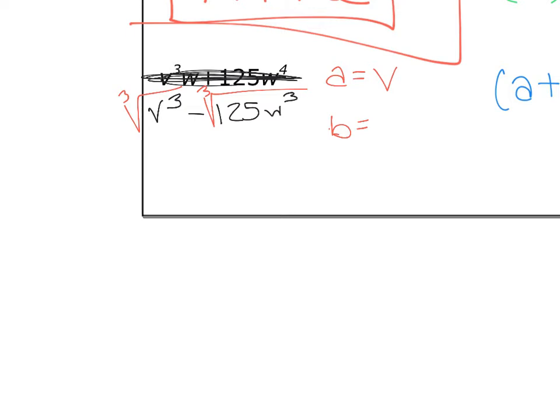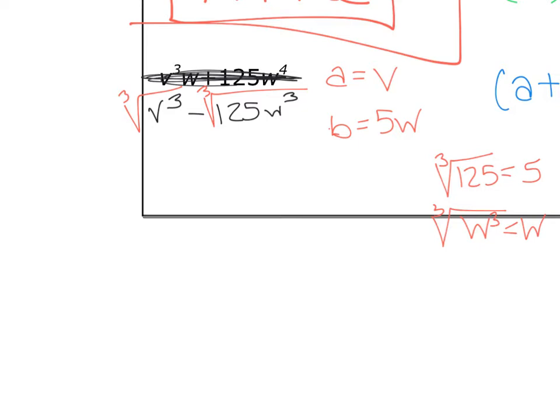And then 125w to the third. So I'm thinking about taking the cubed root of 125, which will give me 5. And then I'm also taking the cubed root of w to the third, which just gives me w. So my a term is v, my b term is 5w.